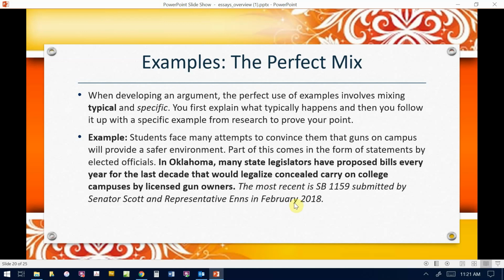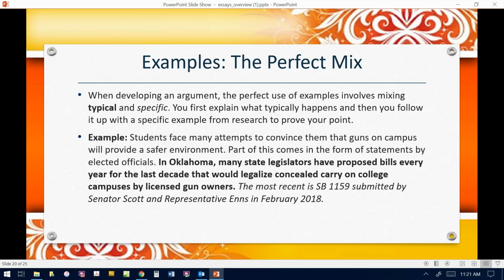So for an example, I consider the perfect mix, and a good way to show you how to develop a paragraph, is that you combine both a typical and a specific. The typical explains what usually happens, and the specific gives us a real case from research that proves it.